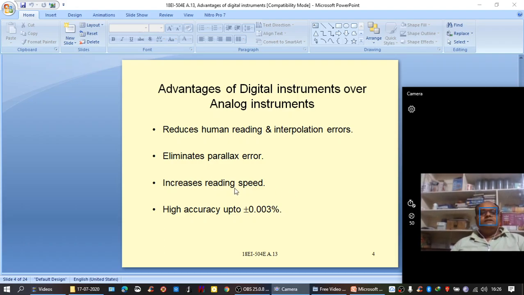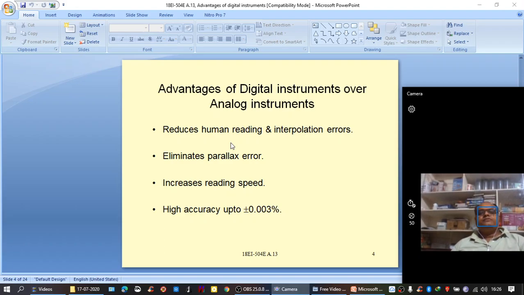Then the pointer will indicate the sixth subdivision on the calibrated scale. Within the first main division, it has 10 subdivisions.